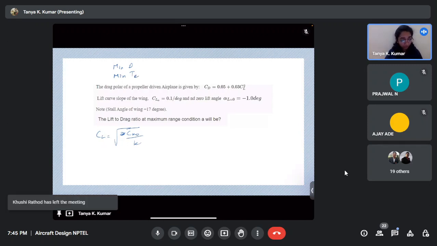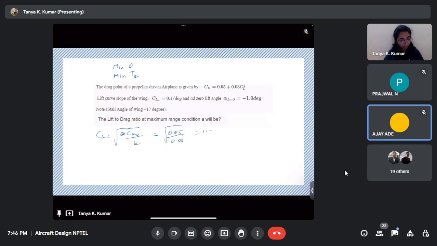So what will the value here be? Under root 0.05 by 0.03, 1.29. Okay, and CD here will be 2 CD naught, that is 2 into 0.05.